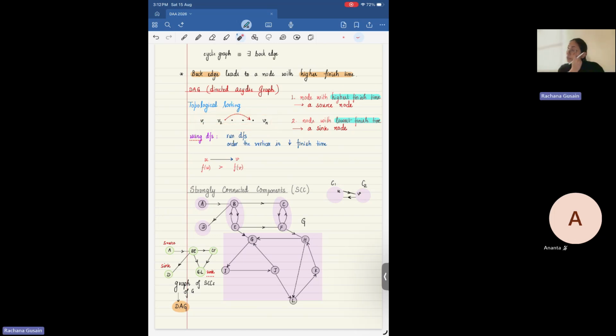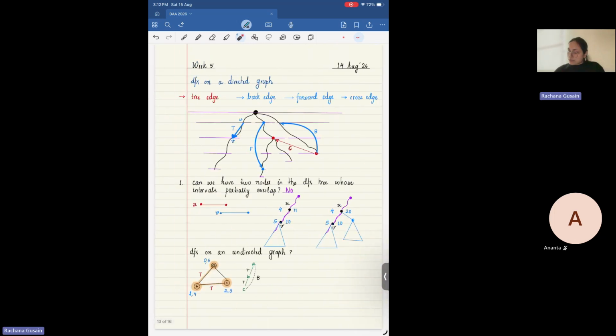And the reason is, if you have understood all these back edges, forward edges, cross edges, you can see this important property: when you do DFS and you classify all the edges, only a back edge will lead to a node with higher finish time. So for instance, let's say this is your DFS tree.